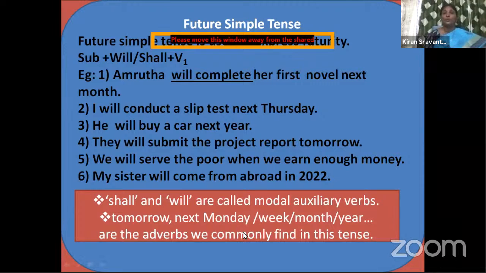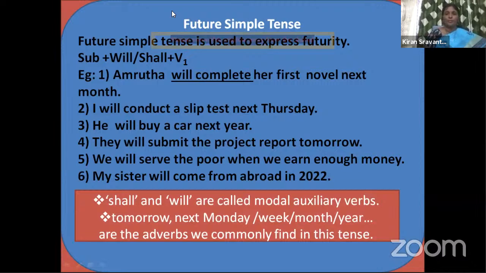How do we identify that a sentence is in future simple tense? Shall and will are called modal auxiliary verbs. We are also given hints like tomorrow, next Monday, next week, next month, next year. These are the adverbs we commonly find in this tense.